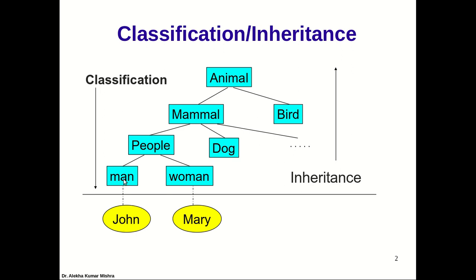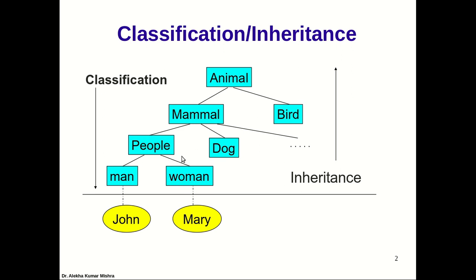John is an instance of man. John is a man, or Mary is a woman. So man and woman belong to the category of people, which means a more generic class. If we say man is a class and woman is a class, then man and woman are of type people class. A man is a people, a woman is a people.